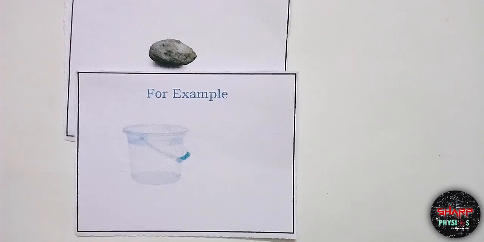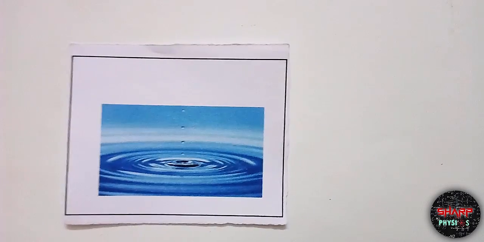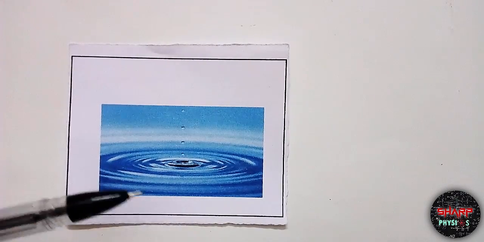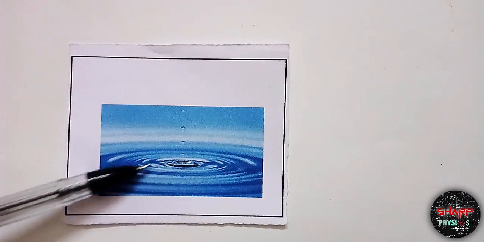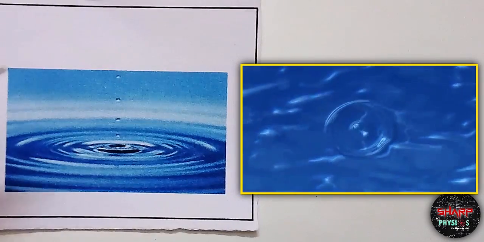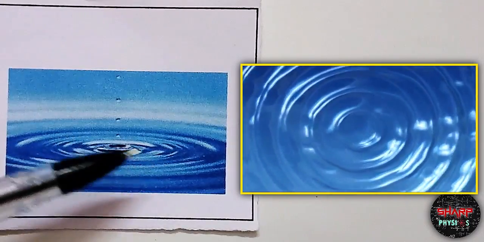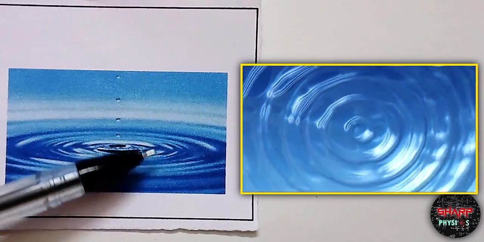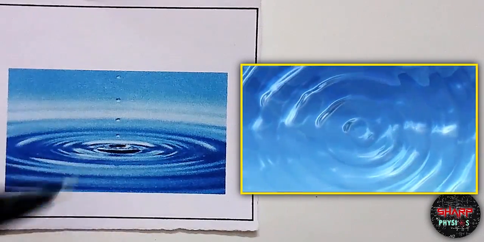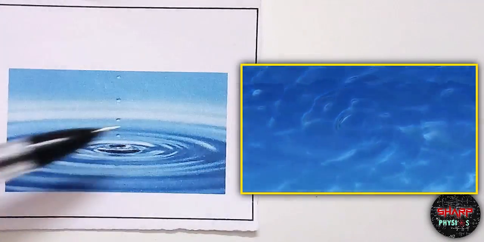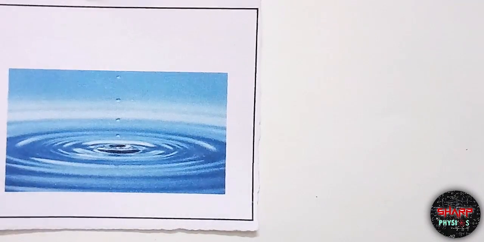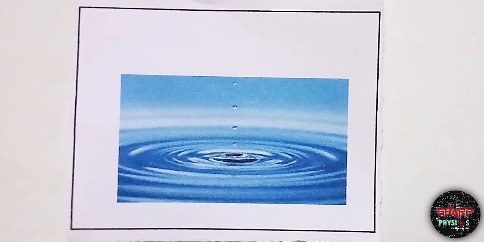Now you throw this stone inside the bucket. Once you throw it in, the entire water gets disturbed. You can see that the stone goes straight down, disturbing the water molecules. All the water molecules around it are disturbed, and it creates a spiral form to the end of the bucket. So this is not a new concept.